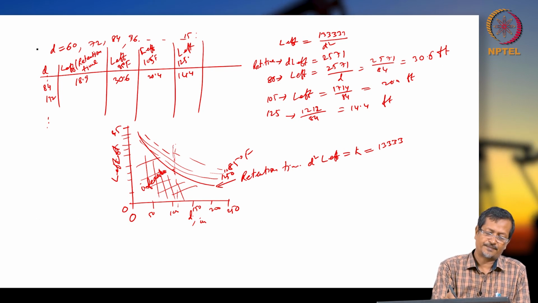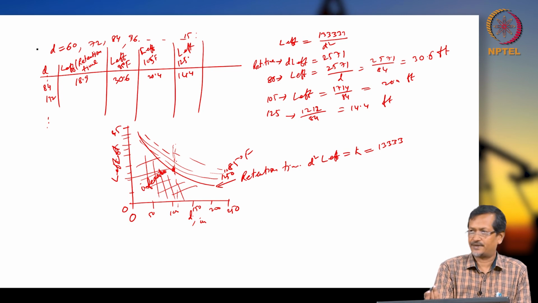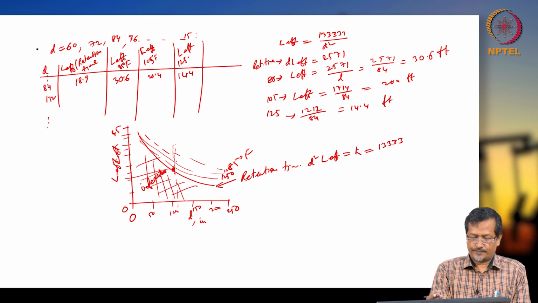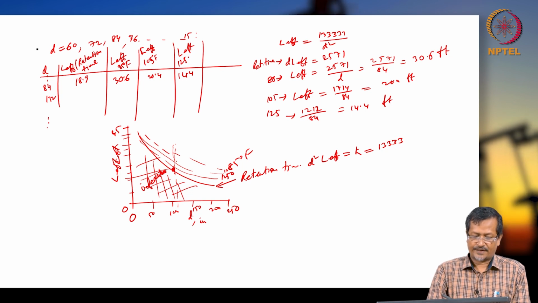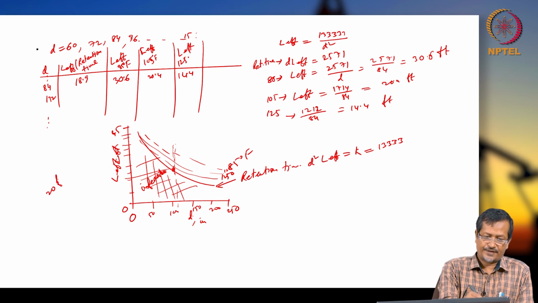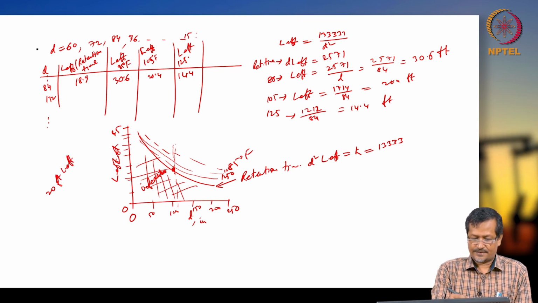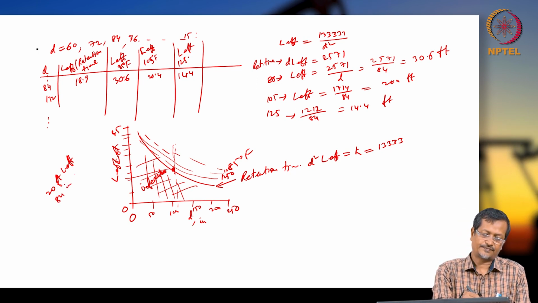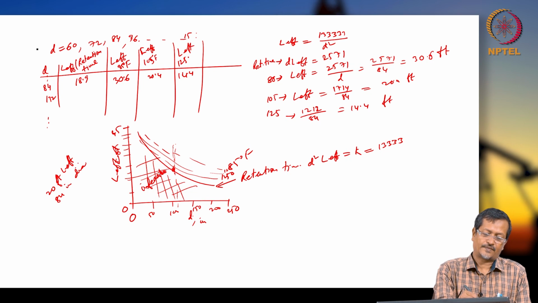This one can be diameter, for example. So in this book they have taken 20 feet LEFF, and has taken 84 inch diameter, okay.